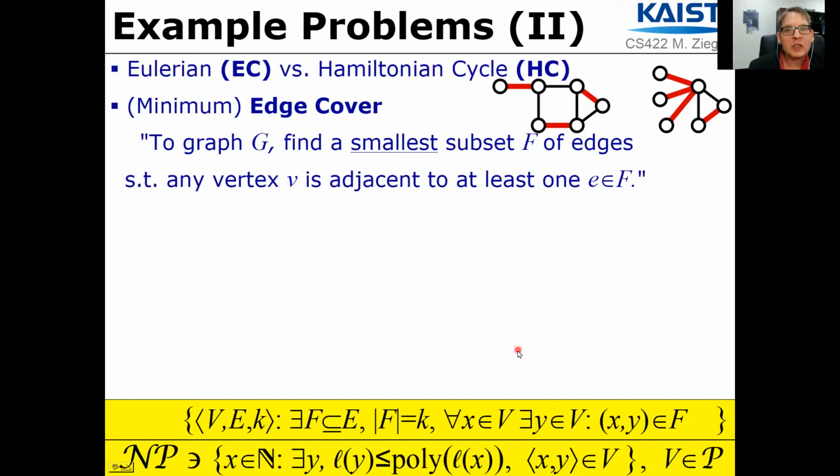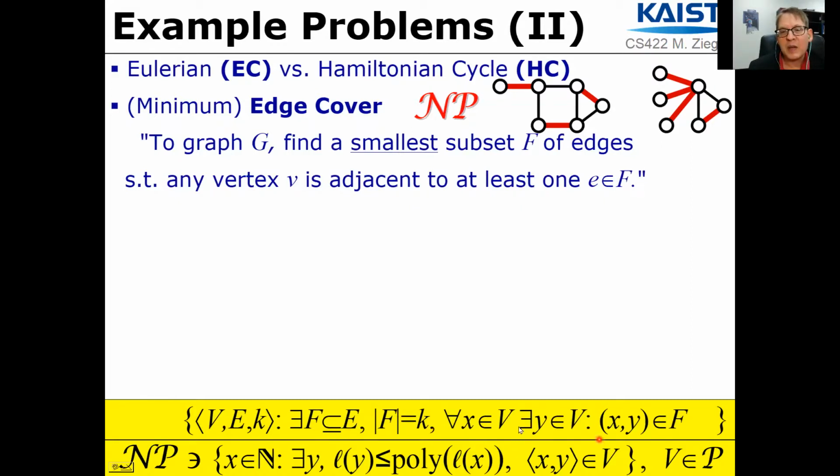So long story short, this problem also belongs to the class NP. It's already formulated in this way, where F, the subset of edges, is our witness, right? Our witness has polynomial length, 1 bit for each edge in the original graph, indicating whether this edge belongs to the edge cover or not.